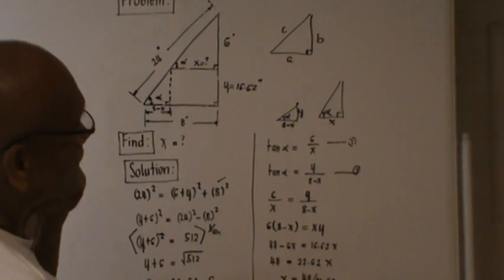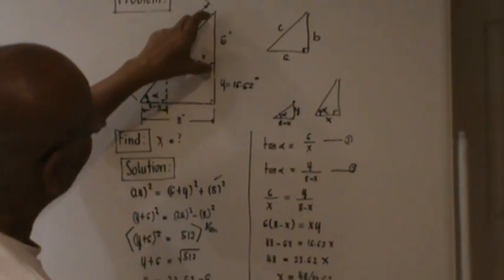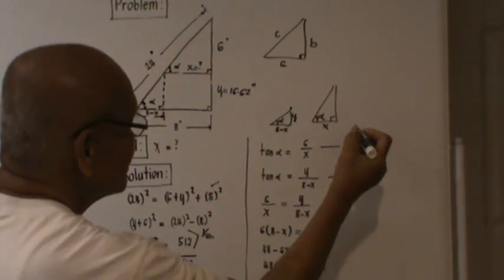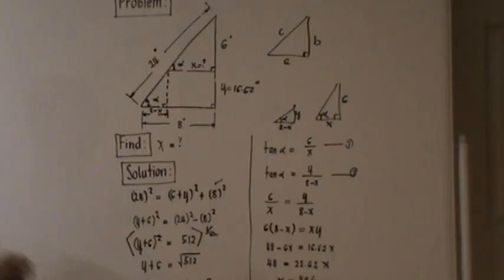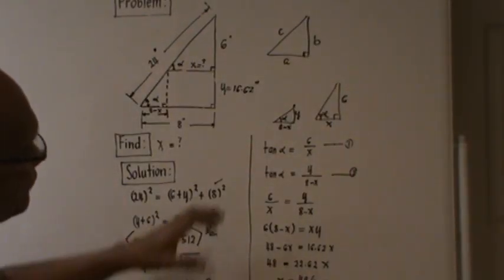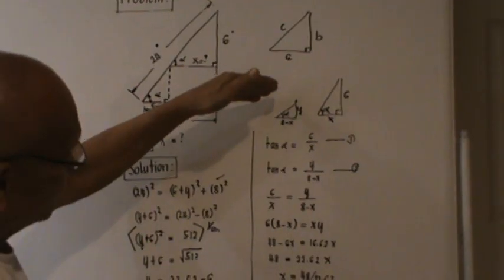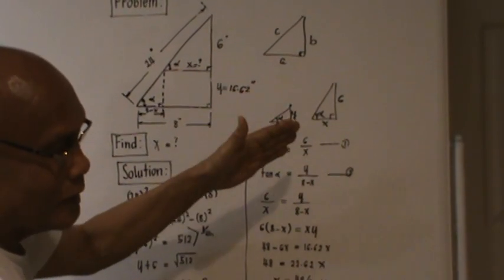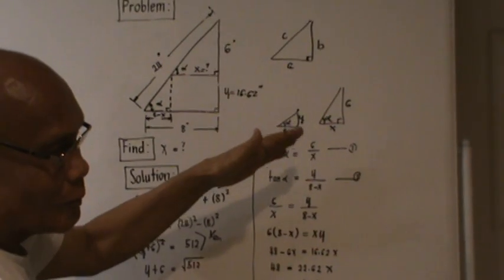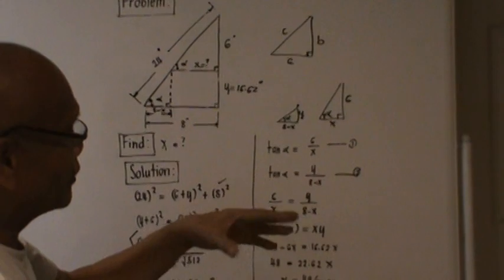And the vertical leg of the upper right triangle should be this one, so this is 6. From these two resulting right triangles involving the unknown x and y and alpha, we could now formulate an equation to compute for the value of x.